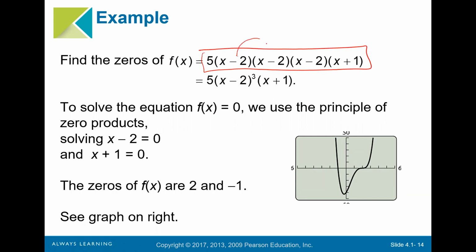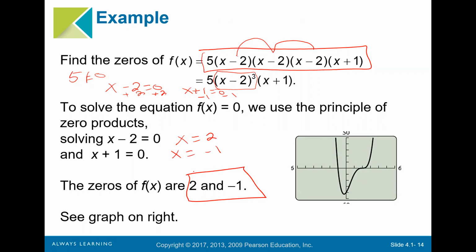I noticed there are 3 of the same parentheses, so it can be rewritten like this. What we're going to do is take each part and set it equal to 0. Well, 5 equals 0 doesn't give me anything to work with. It's not true. But x minus 2, I can set equal to 0, and x plus 1, I can set equal to 0 and solve. And then I get x equals 2, and x equals -1. So these are my zeros.